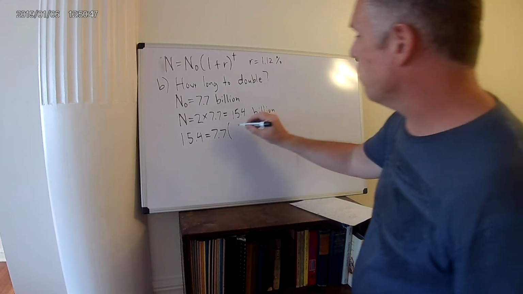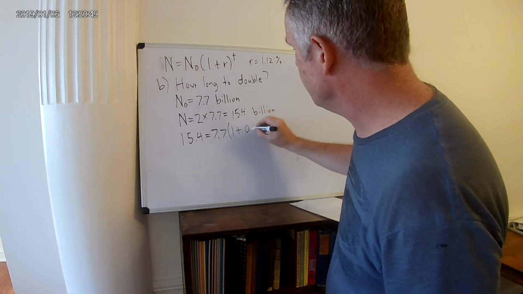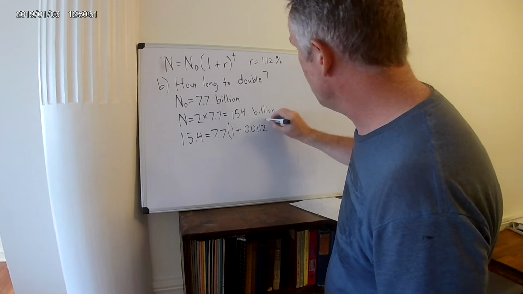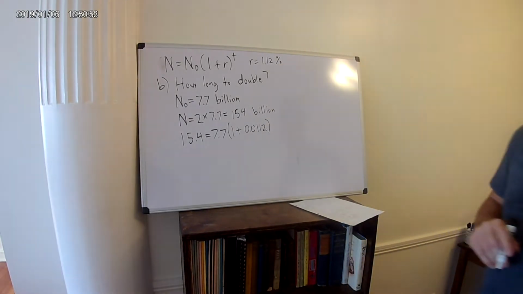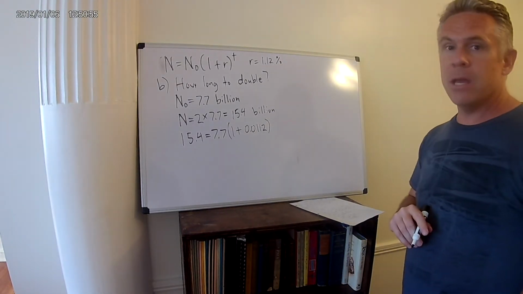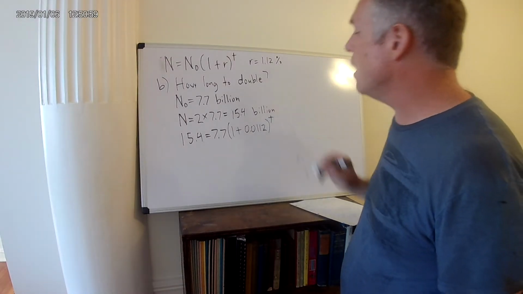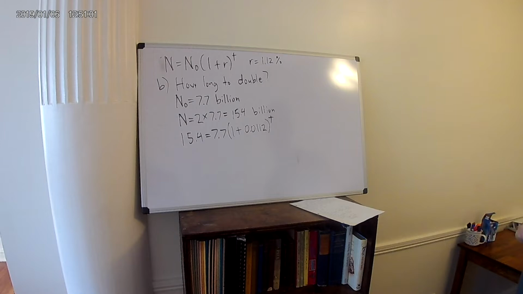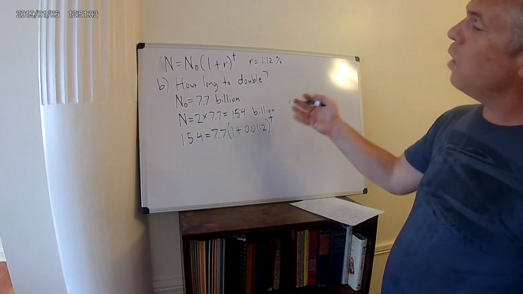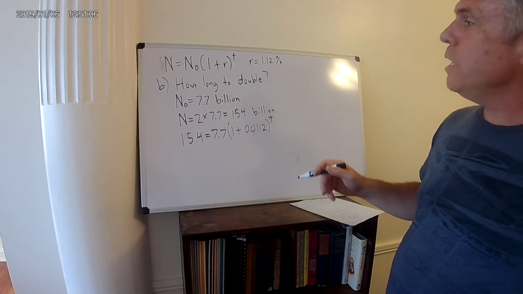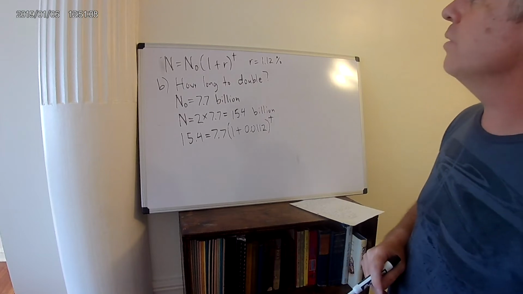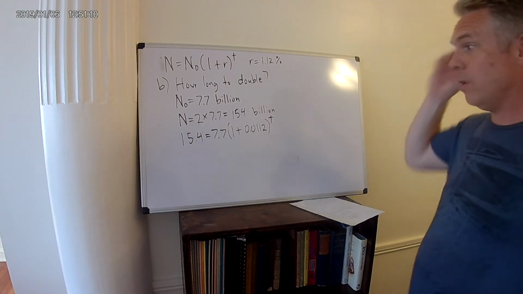So we can plug in our growth rate. We get 1 plus 0.0112, remembering to convert our growth rate into a decimal. Now the unknown in this problem is the time t. So t is an unknown. And in this case, what we want to do is solve for t. How long does it take this population to double, given these parameters?